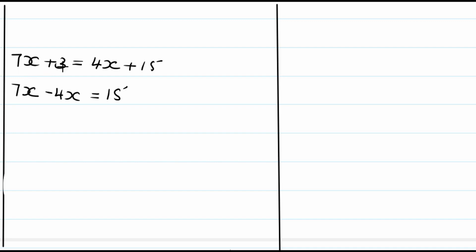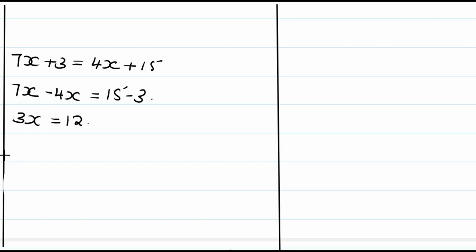Then we have 3 here, but because on the left it was positive, when I take it to the right, it will be negative, so it will be 15 minus 3, like that. Then from there, I can just take 7x minus 4x, which is 3x, equals 15 minus 3, which is 12.